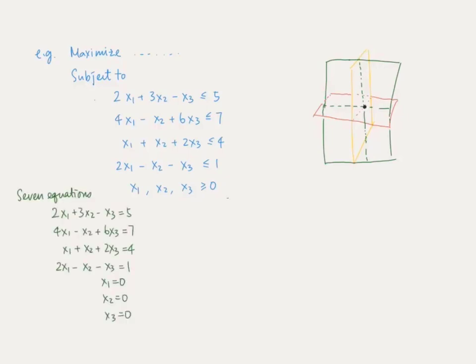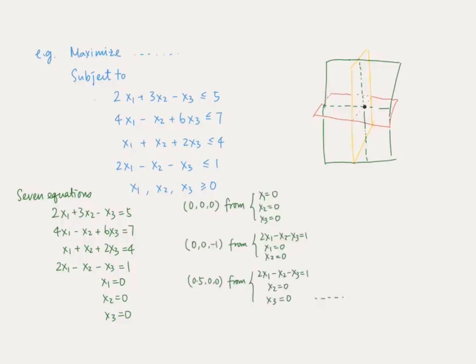For instance, if we have the following linear programming problem with 3 variables, we can write 7 equations associated with those constraints. Each equation represents a plane in this situation. We need 3 equations to obtain one vertex.